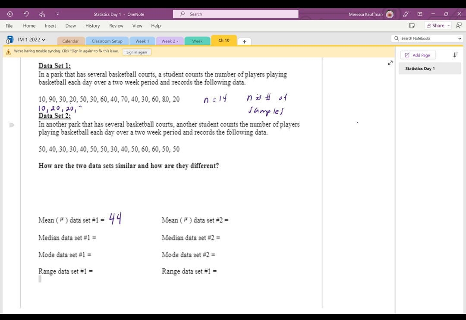Then I have 30, and then 30, and then 30, so I have three 30s. Remember, same data, I'm just rewriting it in numerical order. This will help us with the range, the median, and the mode. It's really nice. And then I have 40. 1, 2.